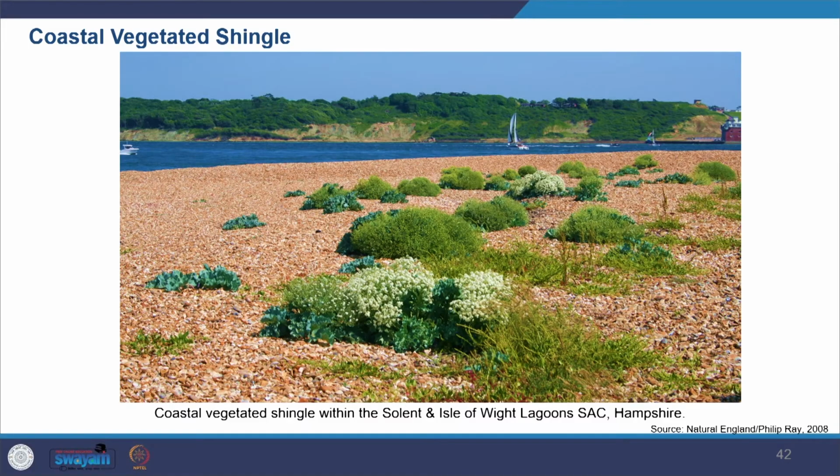Then you have vegetated shingles. You see the scrubby vegetation or grass sward, and in the exposed areas, you have open vegetation and scattered vascular plants and lichens, which you can see here.